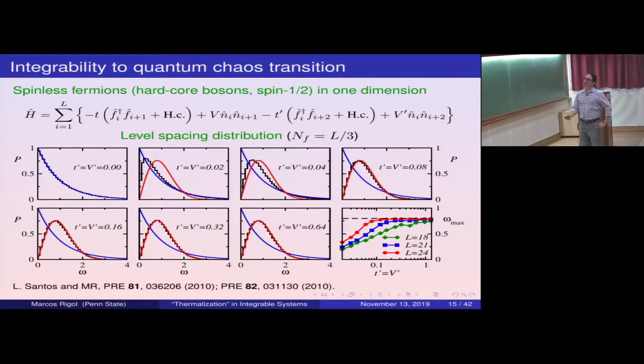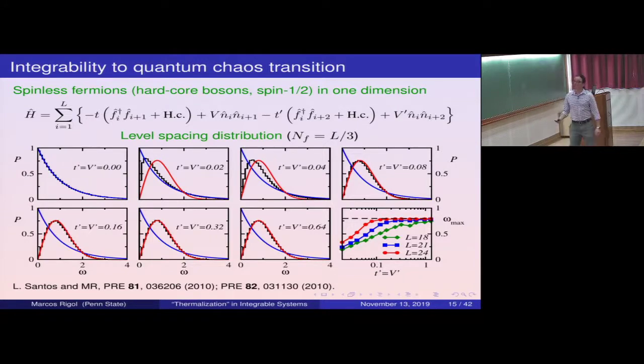If you look at the level spacing distribution of these Hamiltonians, let's say you fix some system size, 24 sites, that's about what we can fully diagonalize. You look at the level spacing for different values of T prime, V prime. For T prime, V prime equal to 0, perfect Poisson distribution.